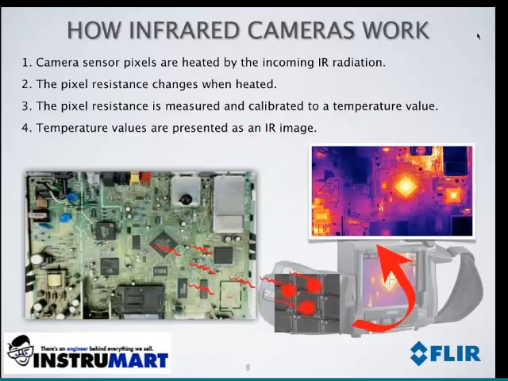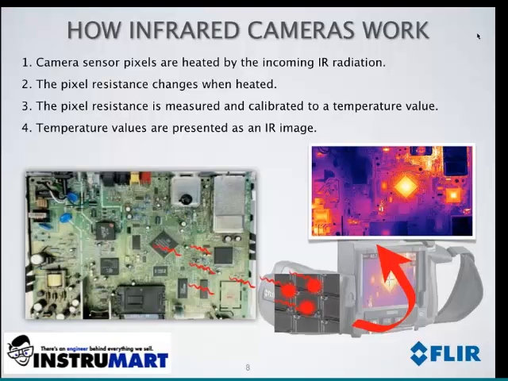Okay, now let's dive into the infrared camera and how we can utilize it to measure small target sizes. But first of all, let's just review briefly how the infrared camera works. This will help us understand what we can and cannot measure or see with the camera. Again, the camera has within it a focal plane array.